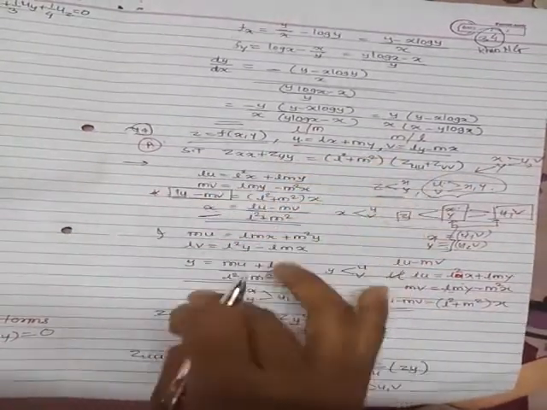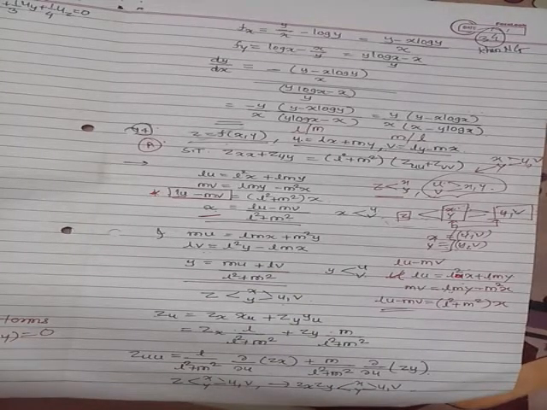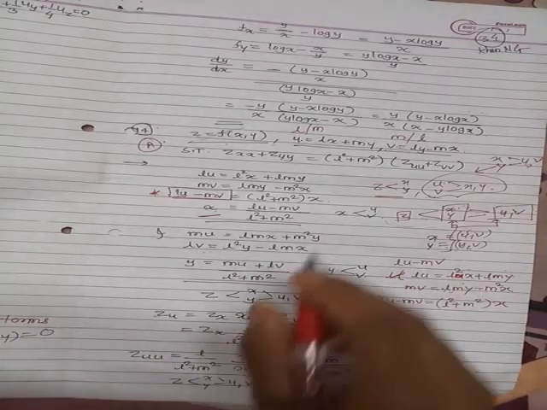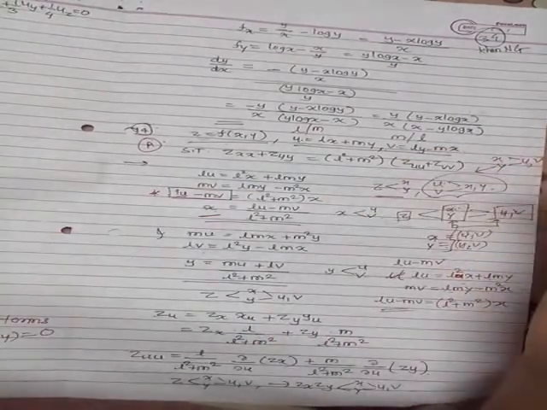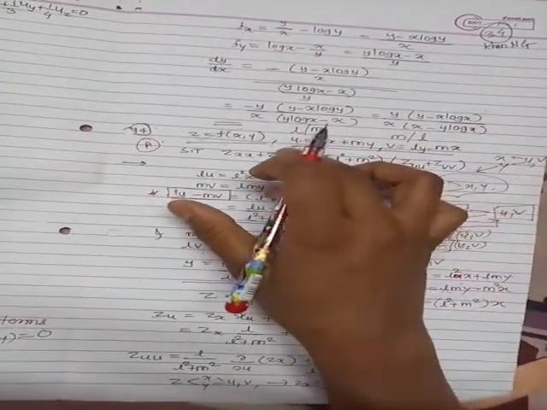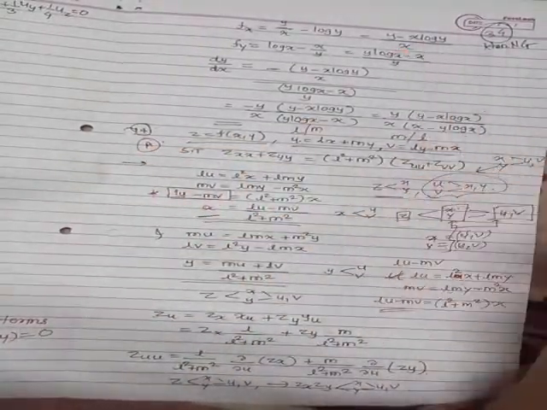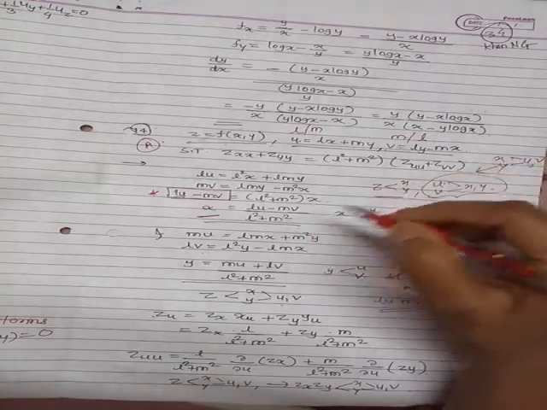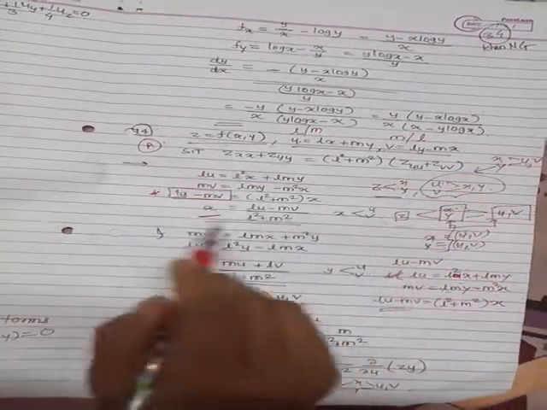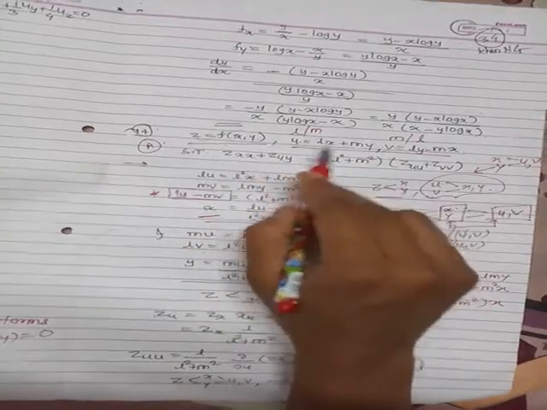This type of example we have seen in the first type of examples of total derivative. We came across it in the first two examples. In the previous example xy values were given directly, but here the equations are given differently.